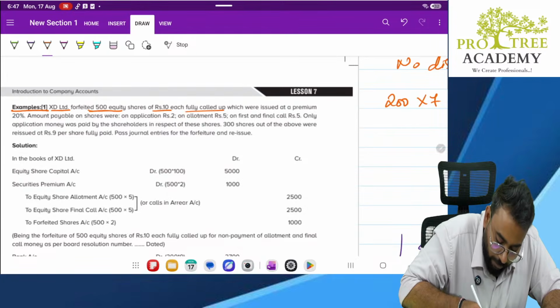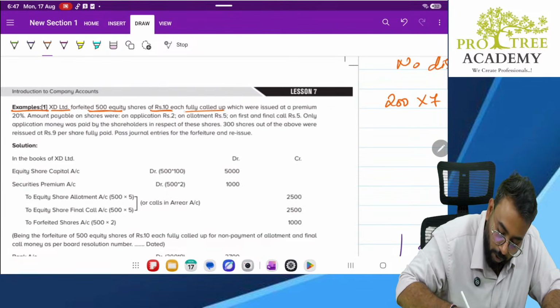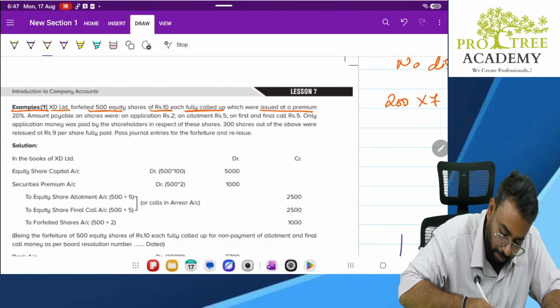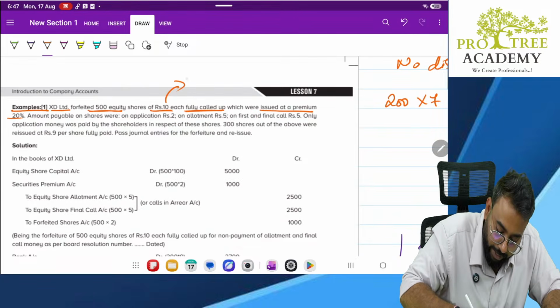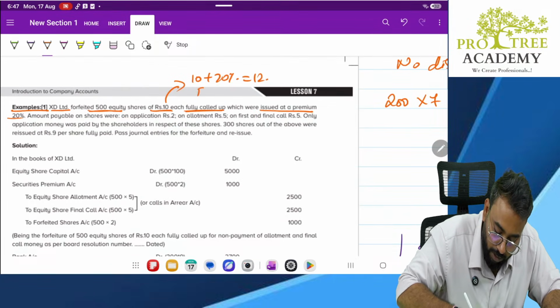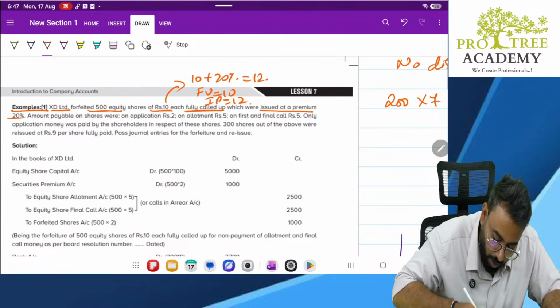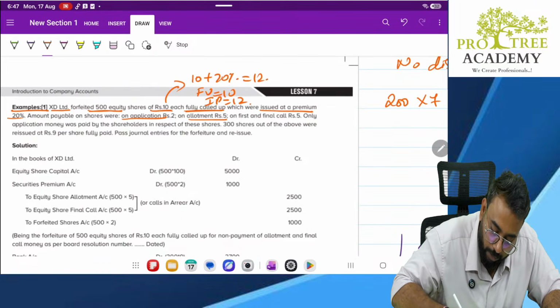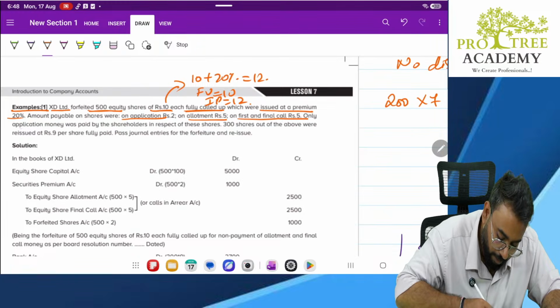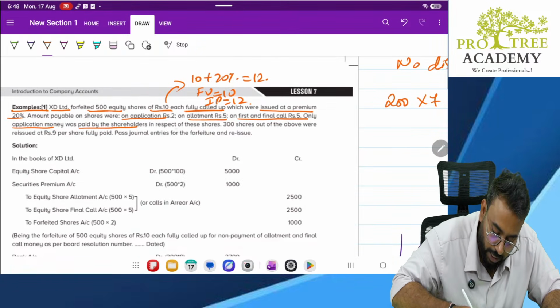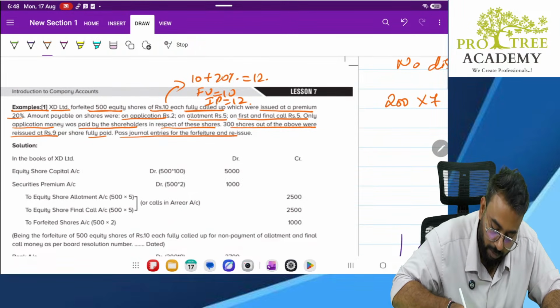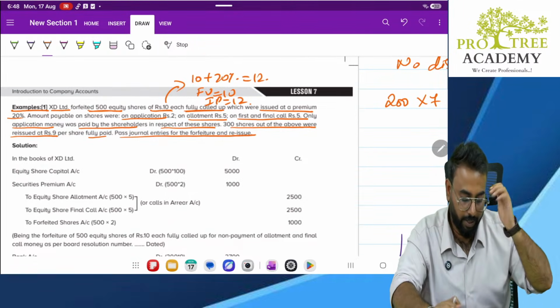That means 10 plus 20% is equal to 12. So face value is equal to 10, issue price is equal to 12. On application 2 rupees, on allotment 5 rupees, on first and final call 5 rupees. Only application money was paid by the shareholders in respect of these shares. 300 shares out of the above were reissued at 9 per share, fully paid up. Pass the journal entries for the forfeiture and reissue.